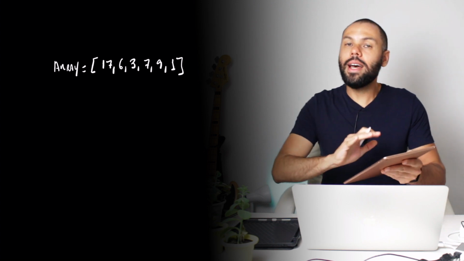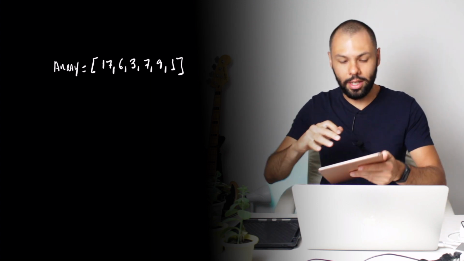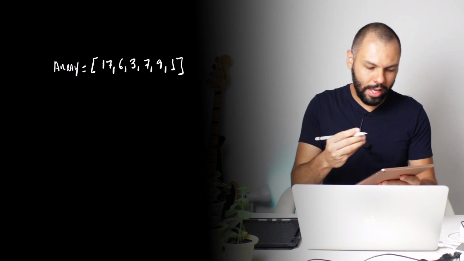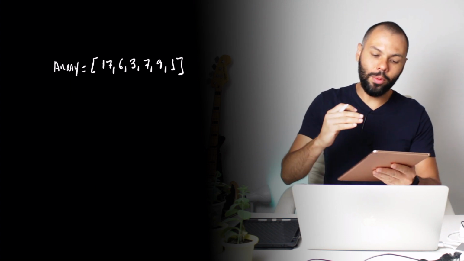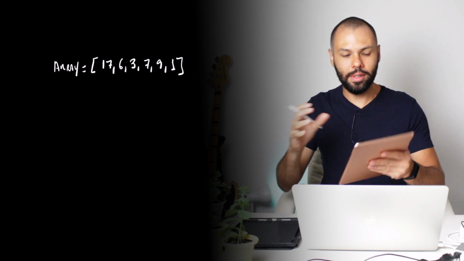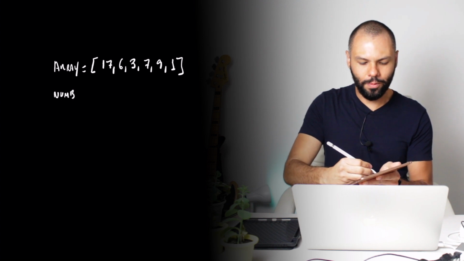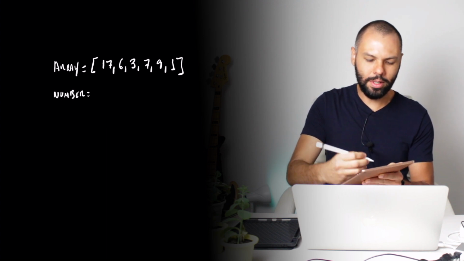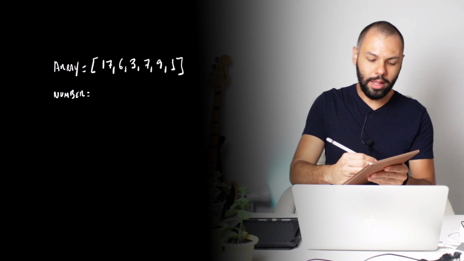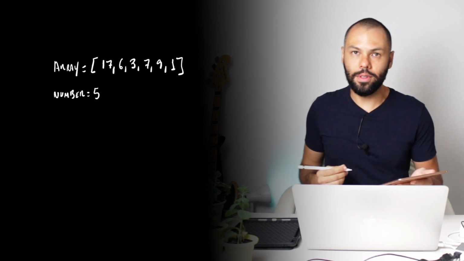That's our array, just a collection of numbers. Then I want to count how many items are greater than 5. To remember the number we are comparing to, let's put the number 5 here.